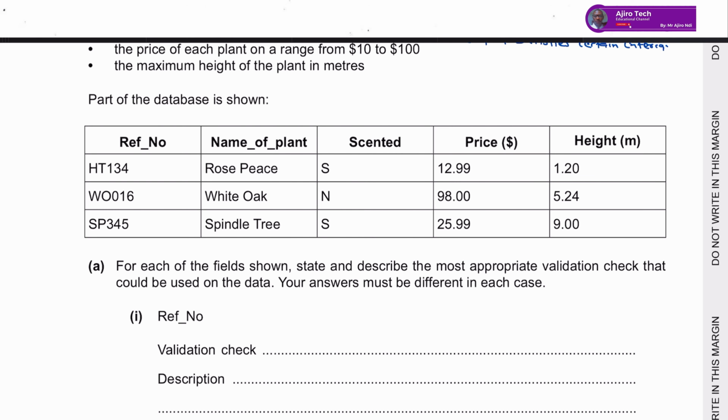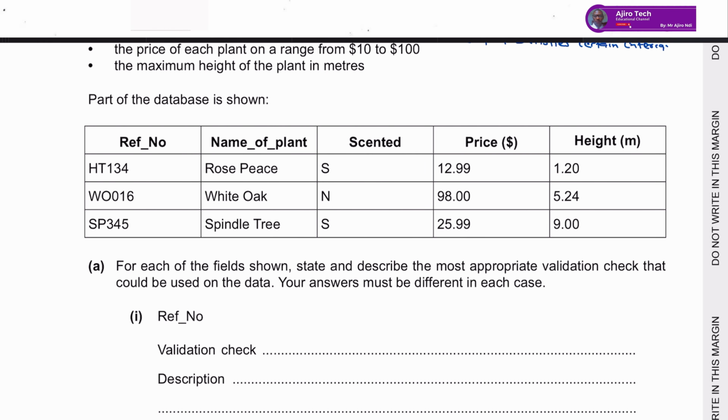So we have a lot of validation checks: range check, type check. The range check checks to see if data input lies between an acceptable upper bound and lower bound. The type check checks to see if the data entered is of the correct type. The length check checks to see if the data inputted contains only the required number of characters.